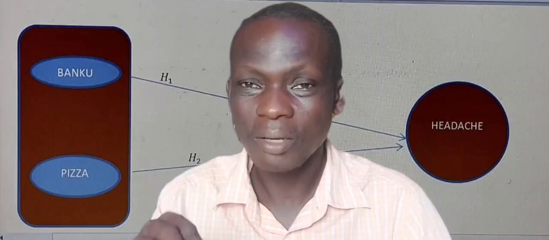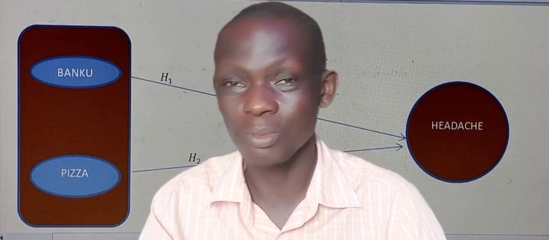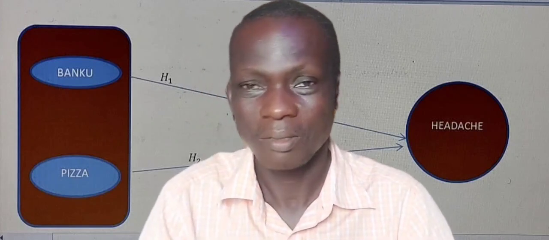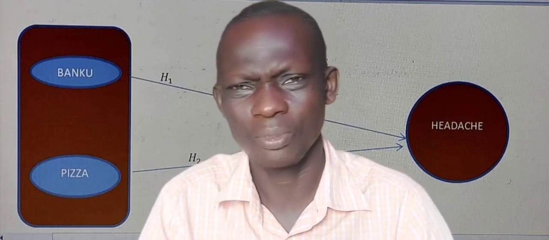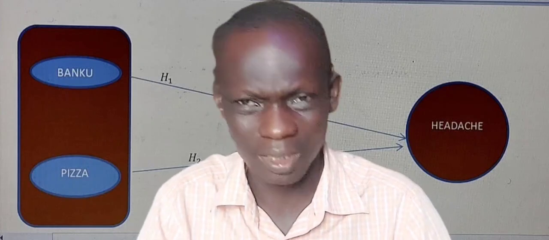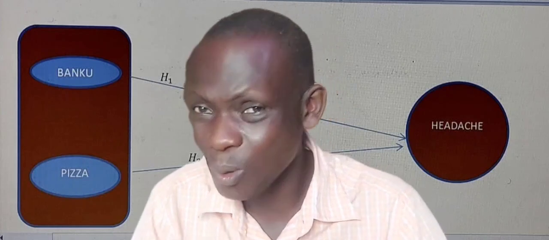So today we're going to teach you how to insert hypothesis on the arrow in your conceptual framework. Once you mark some student work, project work, thesis or research work, some don't even have the hypothesis equation at all.